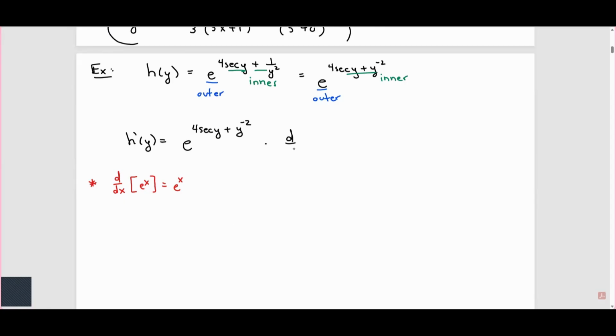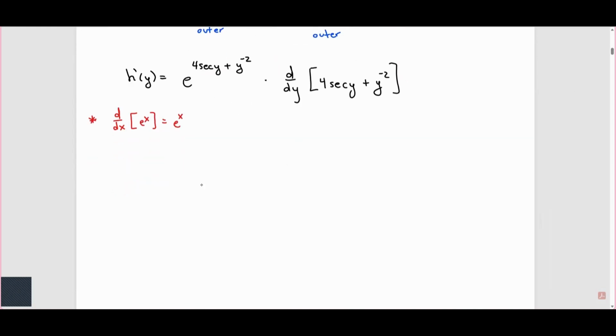But then we do need to take the derivative of the inner portion, 4 secant of y plus y to the negative second. Okay, so we kept this portion, which technically we did do our derivative for e, it just didn't change anything. Then I'm going to take my derivative of 4 secant y plus y to the negative second.